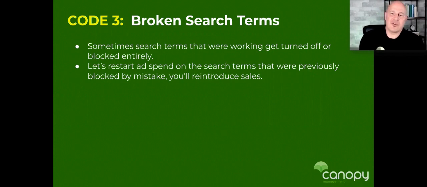In other words, you overstepped, you went a little too far on optimization and made a mistake. So you want to go back through periodically and check for search terms that have been historically converting, but now all of a sudden recently are not converting, because that probably is a signal to you that, whoops, maybe I blocked that search term by accident and I need to bring it back.